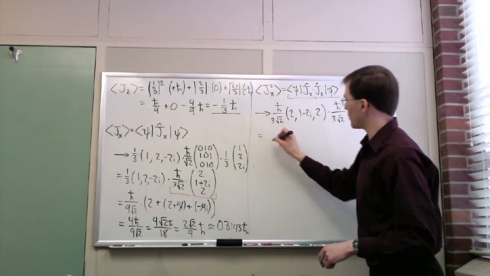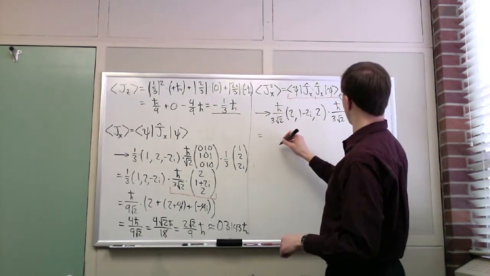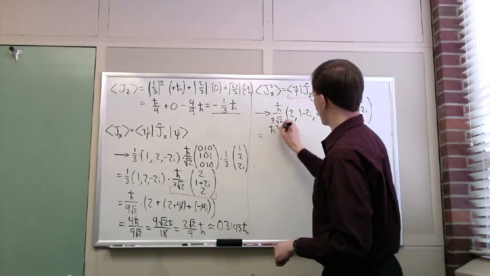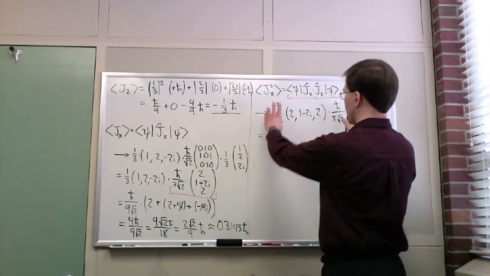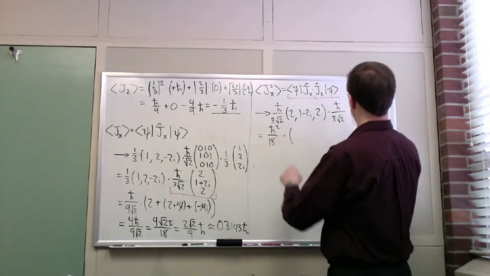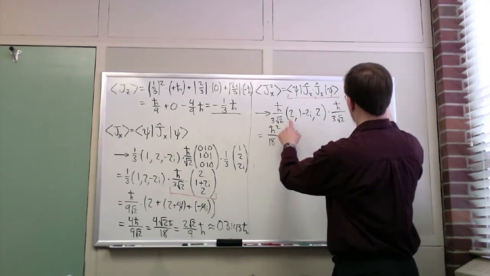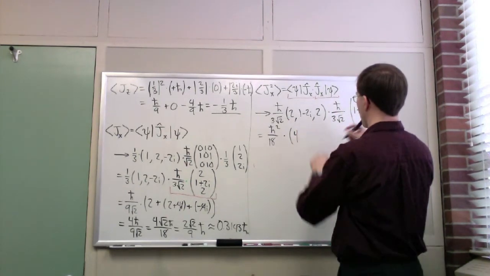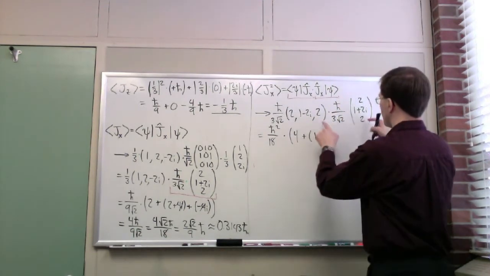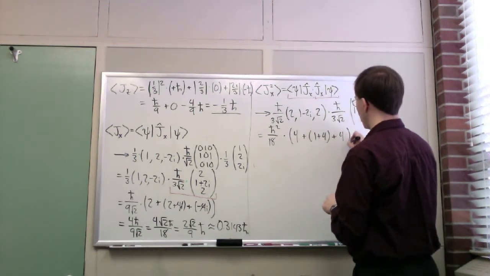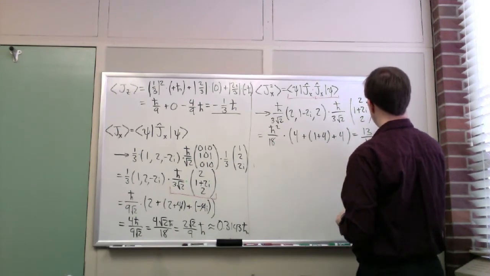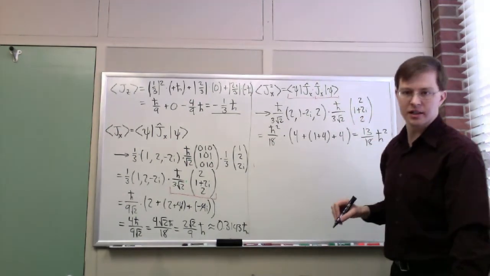Multiplying these together, what do I get? I get h bar squared over 18, factoring out the prefactors, times 4 plus the absolute square 1 plus 4, plus 4. In other words, 13 over 18 h bar squared is the result we get there.